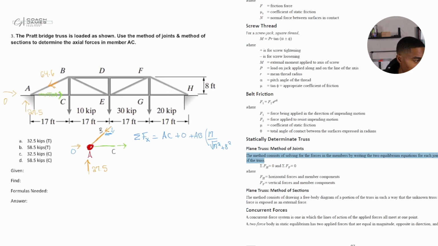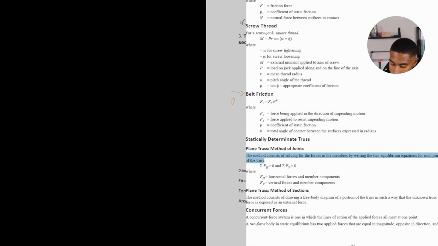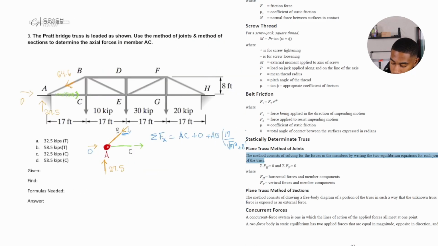Okay. So our AB from the last problem was negative 64.6.